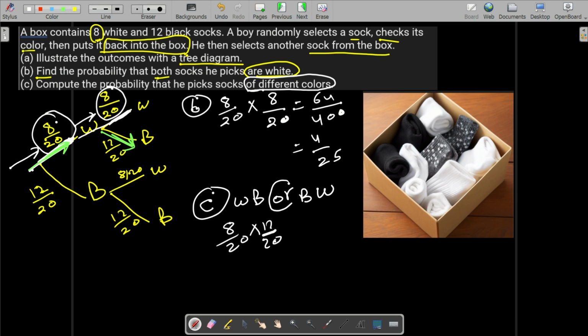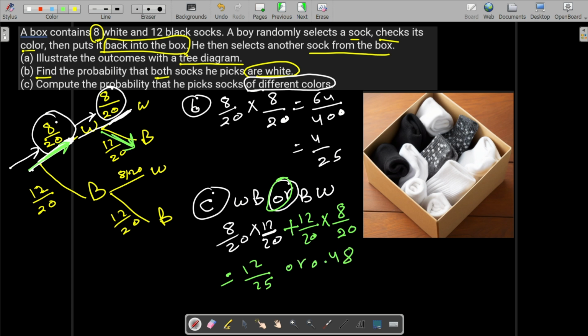Or here, this is one of the key words, as I told you in the previous question. Or means plus. Okay, or means what? Plus. Black, then white, so it's going to be 12 over 20 multiply white, which is 8 over 20. And in this case, the answer is going to be 12 over 25, or you can write it as a decimal, which is 0.48.